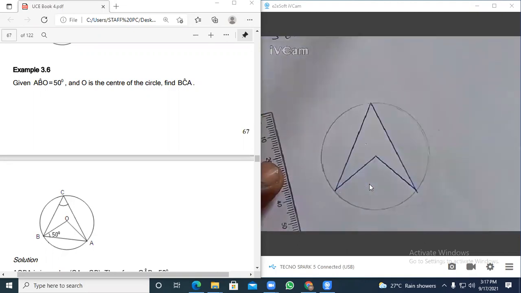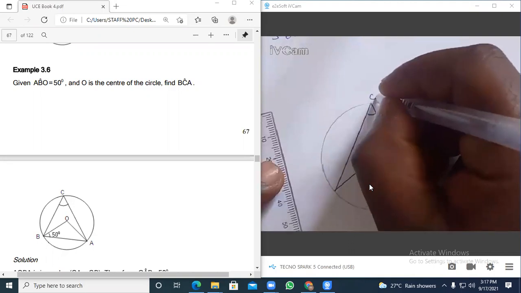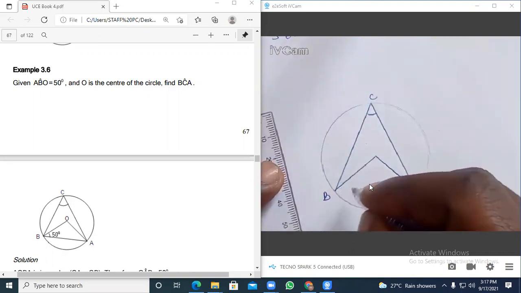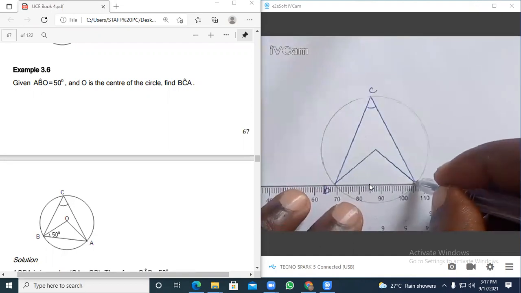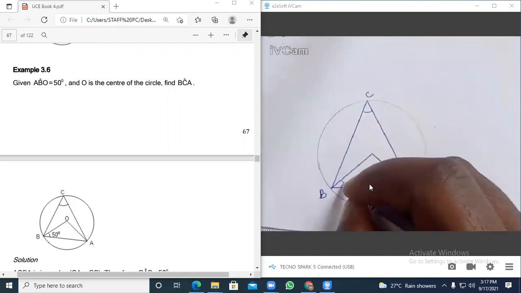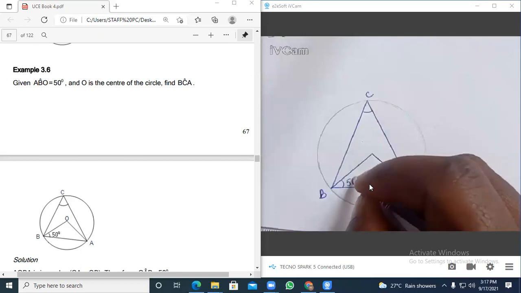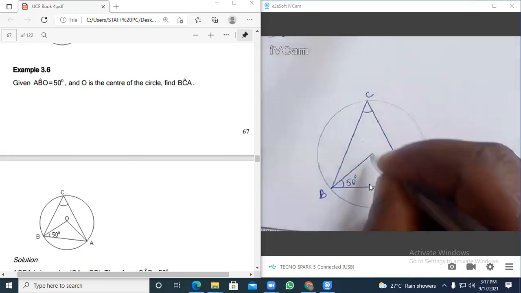Okay, so this is C, this is B, and here B is divided here and 50 is 4.